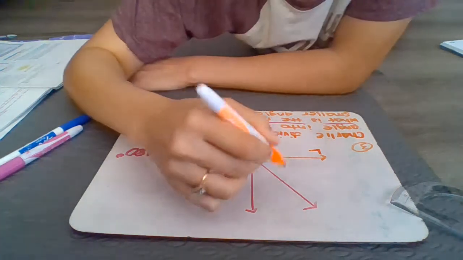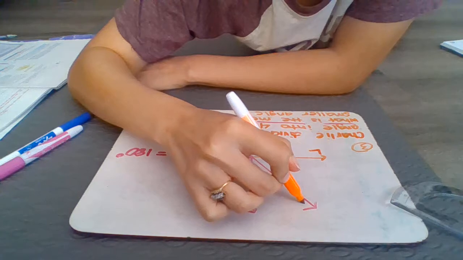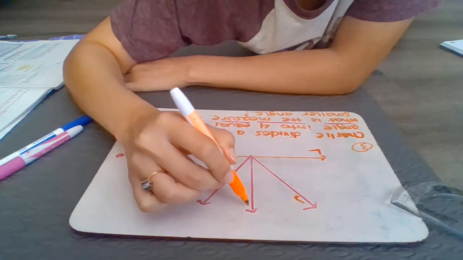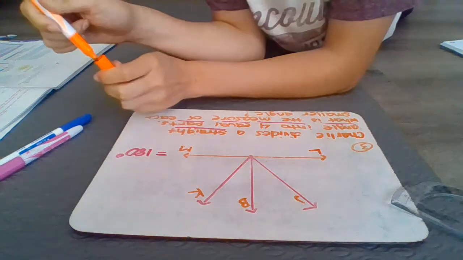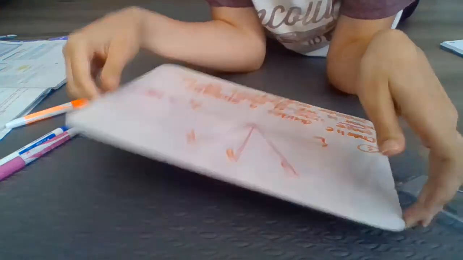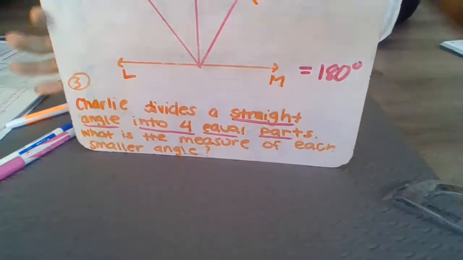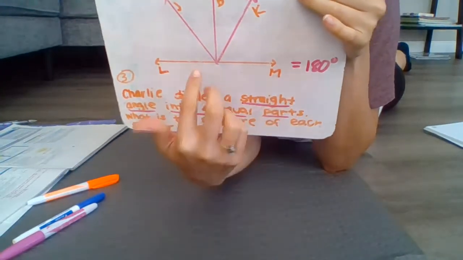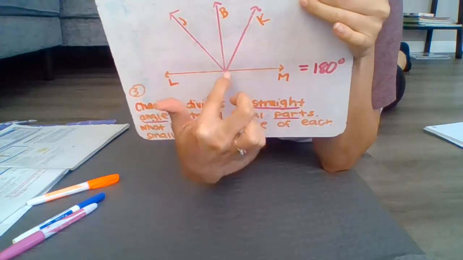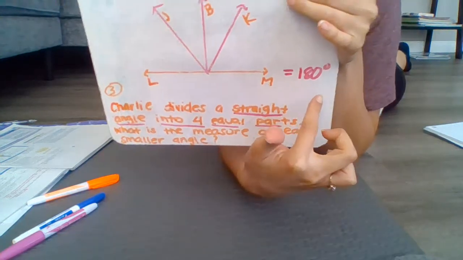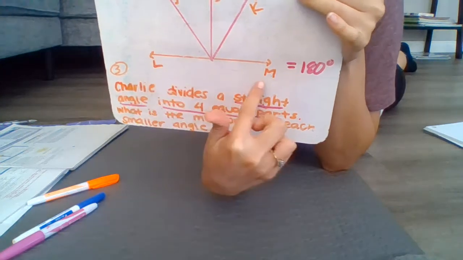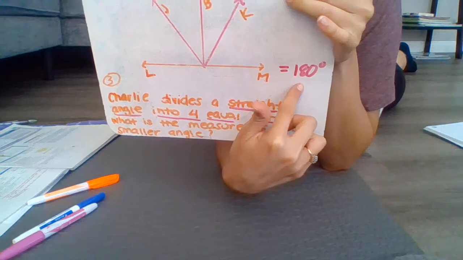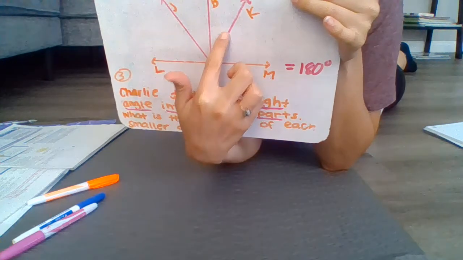So, let's see what I'm doing. And then J, B, K. There you go. So I have a straight angle and I divided it into 4 equal parts. So that means in number words, I took 180, the straight angle, and I divided it into 4 equal parts.